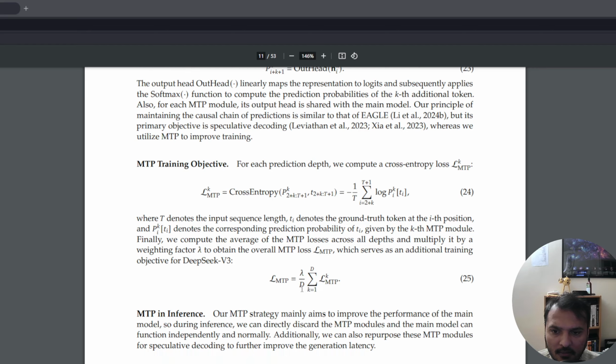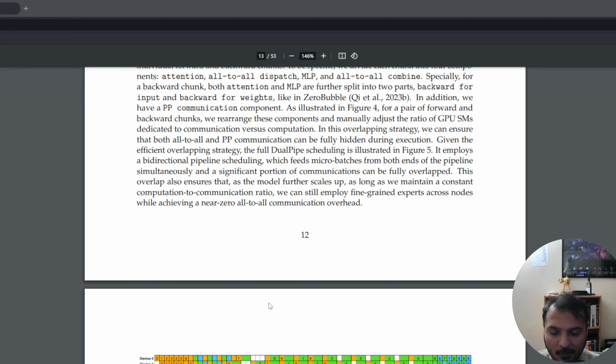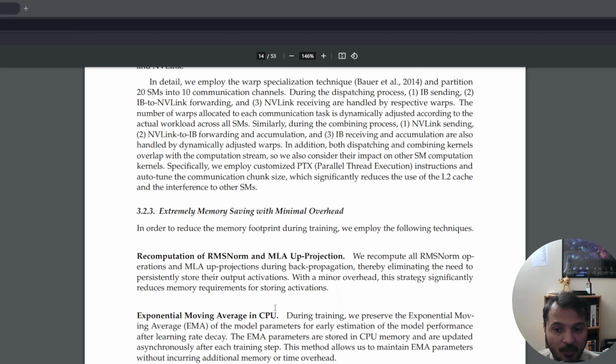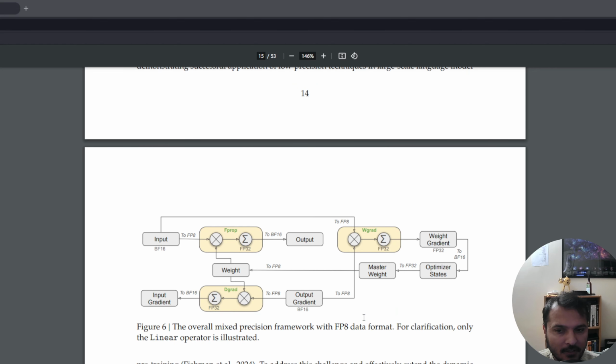Other than this, let's see. Then they have this whole training framework where they do FP8 training. They had to, because of, I guess, the hardware restrictions. They use H800 hardware instead of H100 or H200s, which have less memory bandwidth.